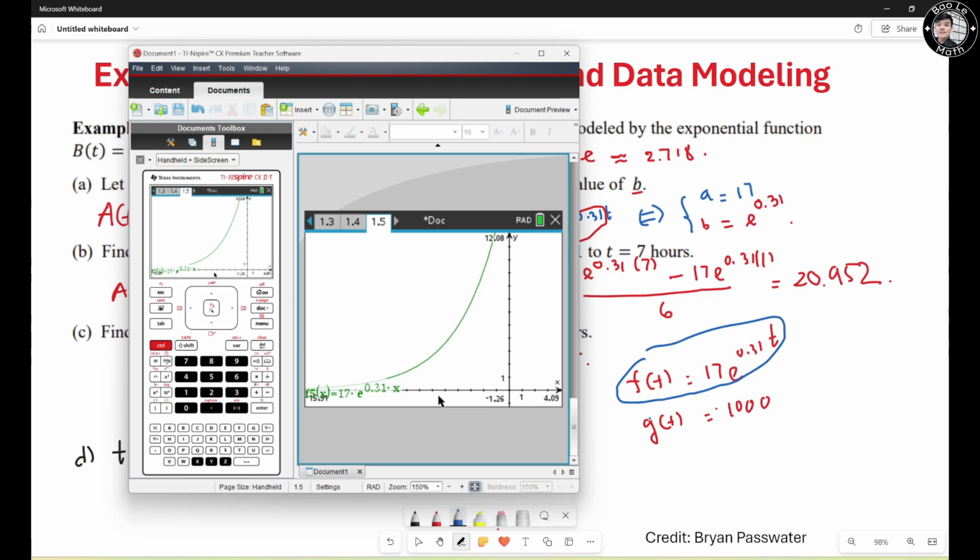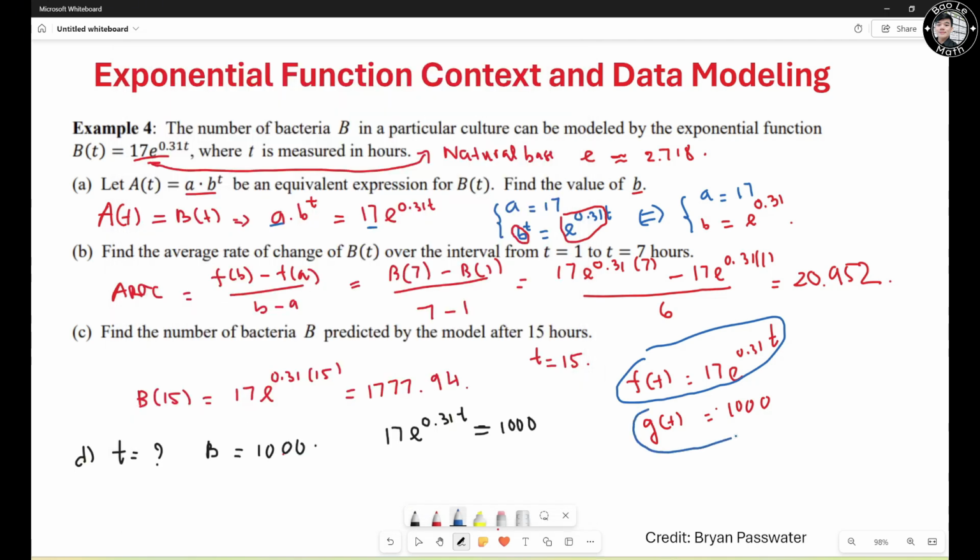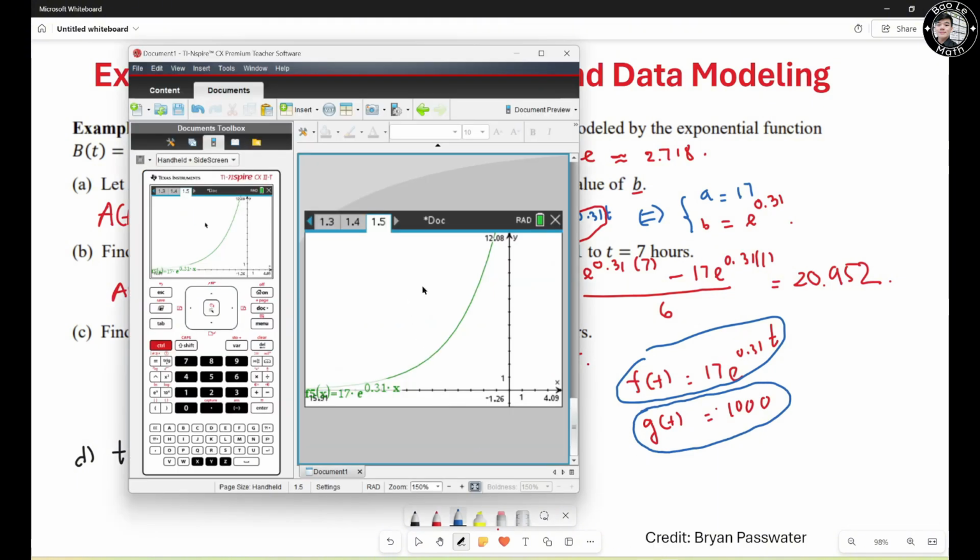Now we need to put this one on the same x and y coordinate plane so that we see the intersection. Alright, so we bring up this one again. We hit tab right here. Now we input 1000. Alright, so we hit enter.